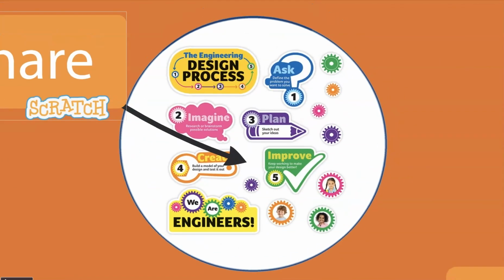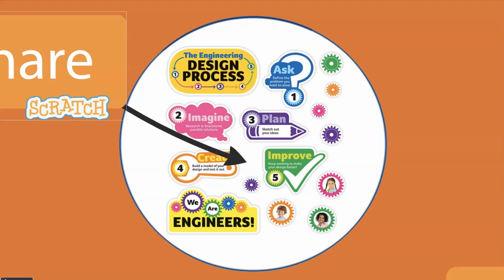So, since there is so much decision making going on in game design, we are going to use the engineering design process. Engineers design, build, and test things, and they are excellent thinkers. Engineers find out what people want or need and then design and build products they think people will like.